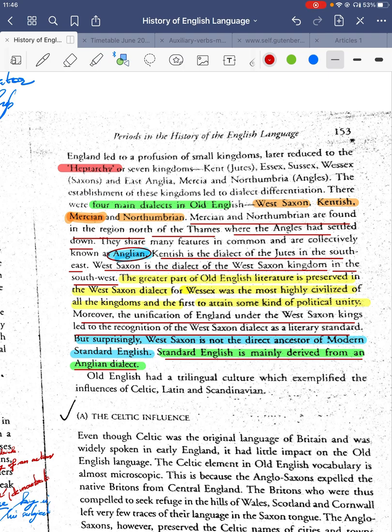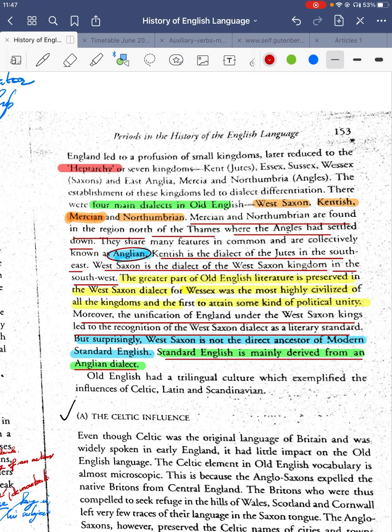They share many features in common and are collectively known as Anglian. The Anglian dialect is what comes to us first from there.